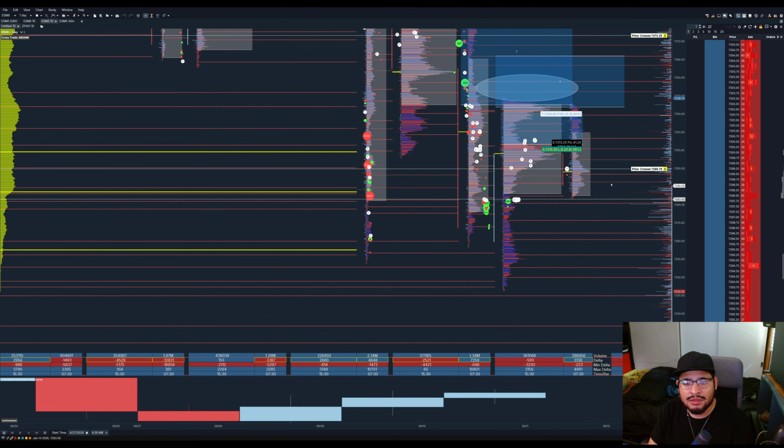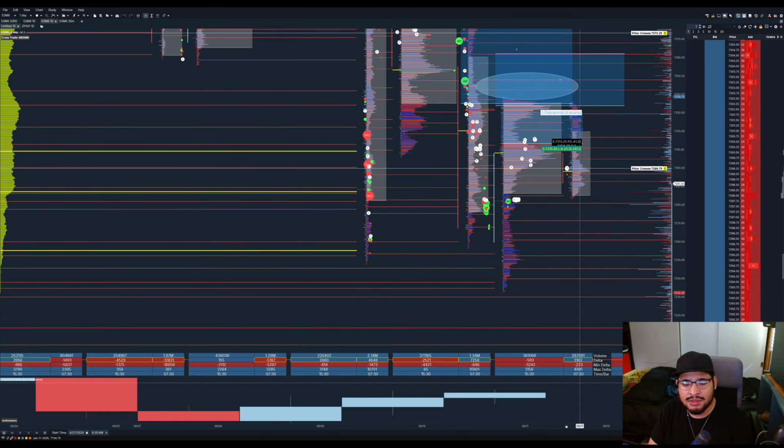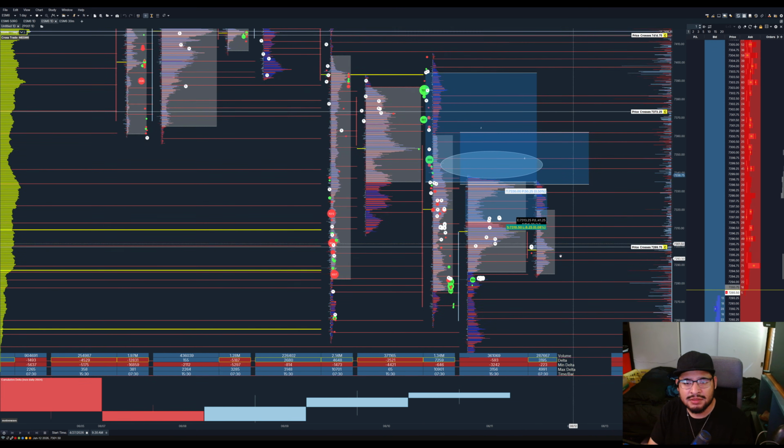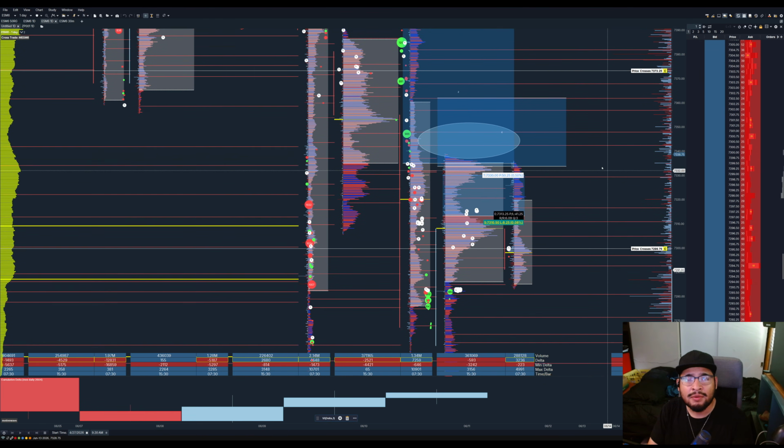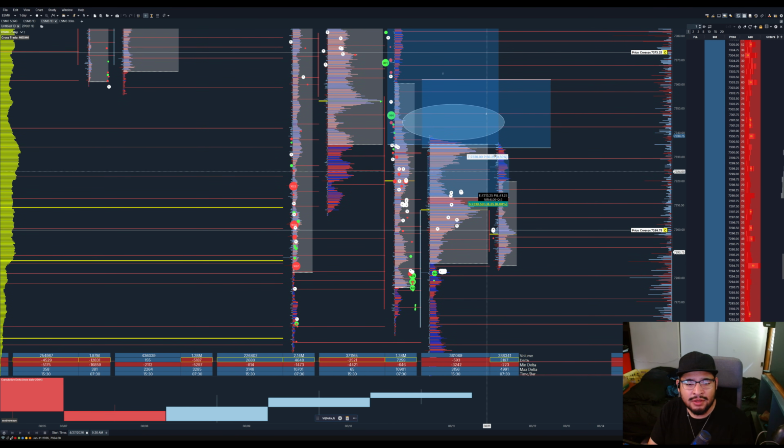Is this green? No, this is red. Okay, so we tested. Yeah, I wish I could make this bigger, but we tapped the overnight.